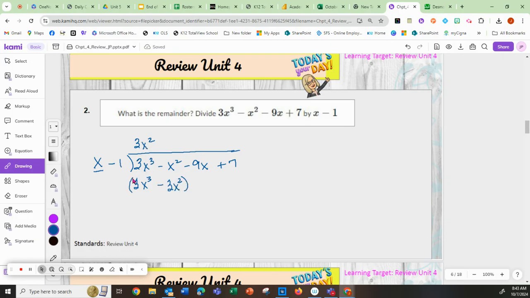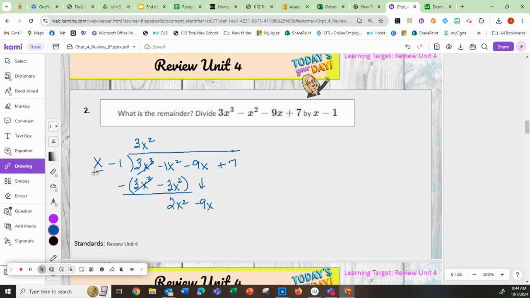We would put everything that we got when we multiplied in parentheses and subtract. So the 3x cubed minus the 3x cubed, those should always cancel if you divided and multiplied correctly. And this is a -1x squared minus a -3x squared, which is going to end up being a plus 3x squared. So that's going to give us 2x squared. Bring down the next term, and then we're ready to repeat that process.